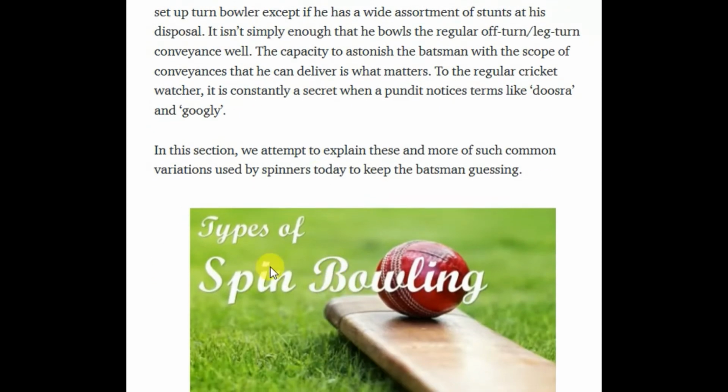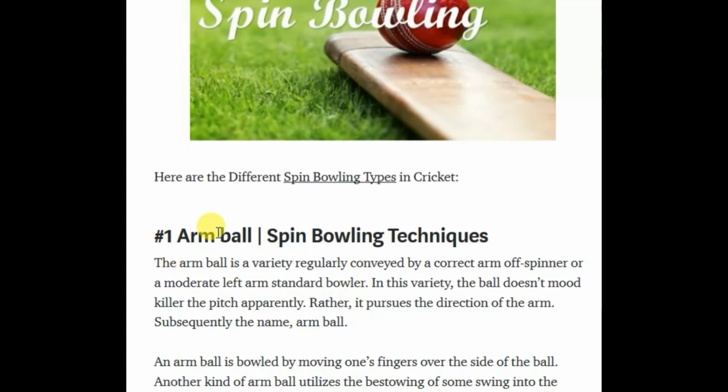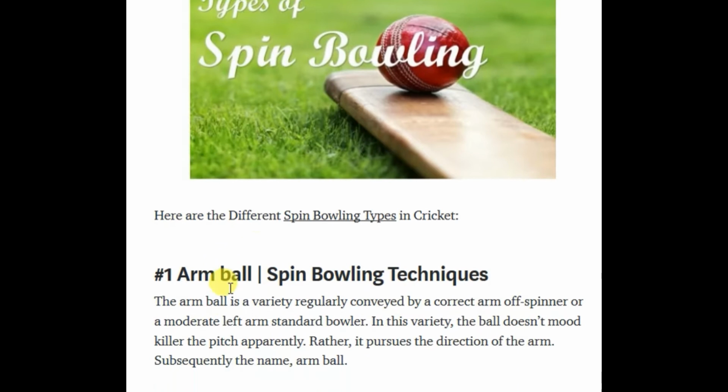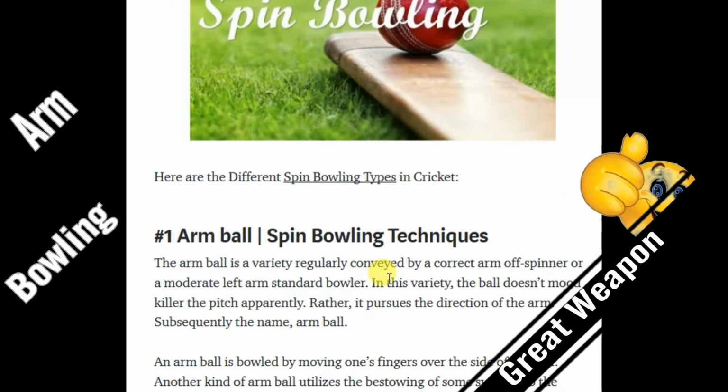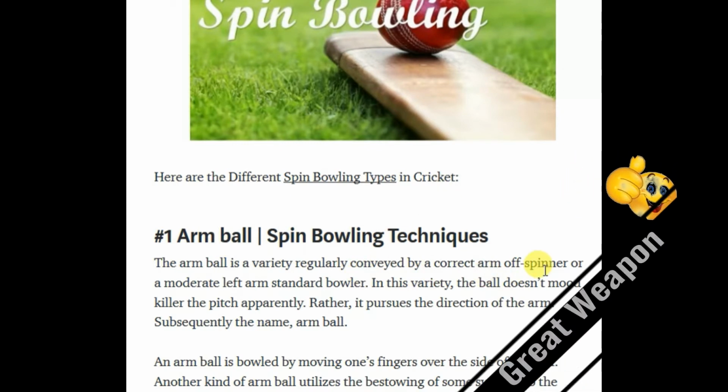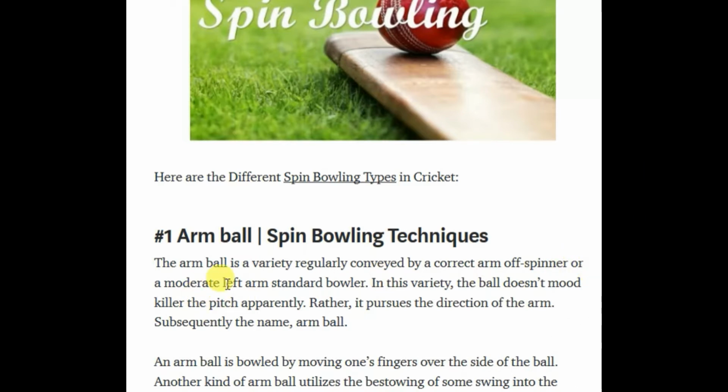Now we can see in the images the types of spin bowling. First one is the arm ball. Arm ball is very difficult, and we have to detect this technique. Finding this type of bowling is very difficult. The arm ball is a variety of bowling by the off arm spinner or a moderate left arm orthodox bowler.